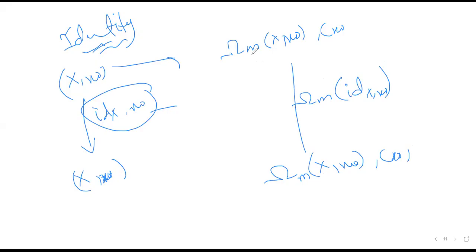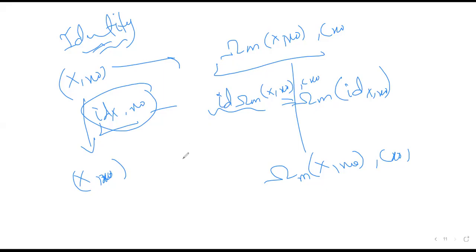Okay, and what is the identity morphism for this object? It is id on Ω^m(X, x0), c_x0. We have to prove these two morphisms are the same.